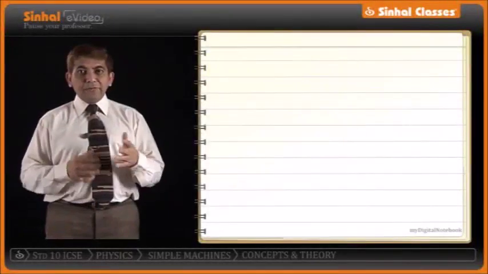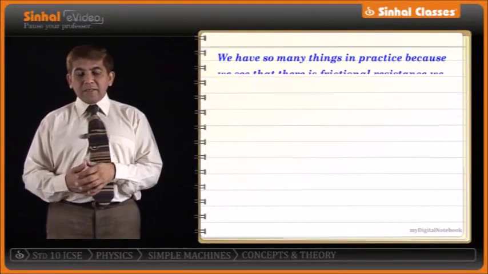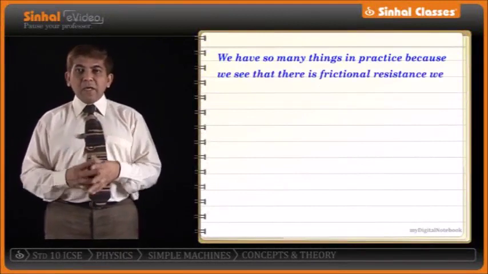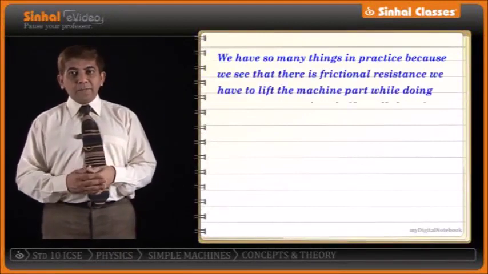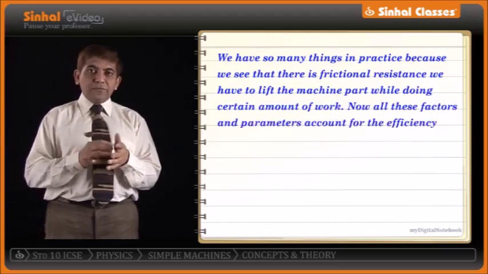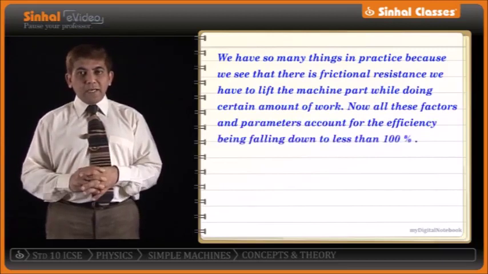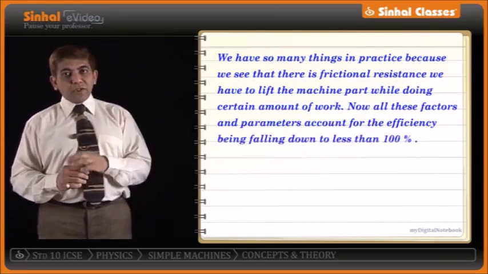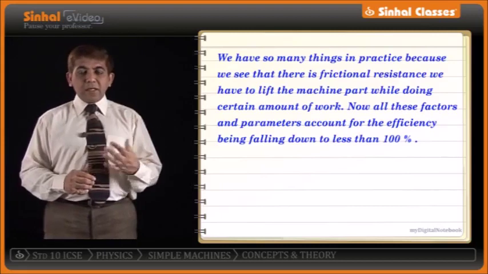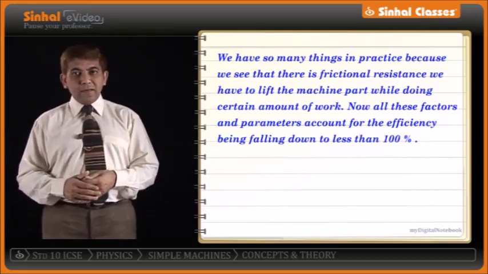But in day-to-day life, we have so many things in practice because we see that there is frictional resistance. We have to lift the machine part while doing a certain amount of work. Now, all these factors and parameters account for the efficiency falling down to less than 100%. So we say in an actual or practical machine, the efficiency is less than 100%.